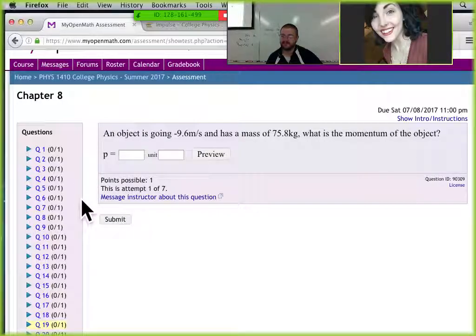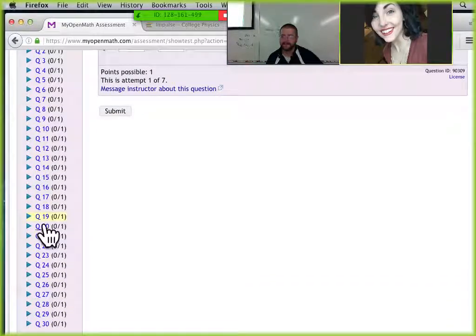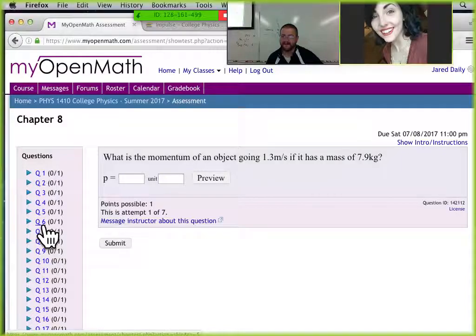So, Mr. Daly, real quick question. Yes? On number 20, I got the actual number correct, but it said I had the unit wrong, even though I used the same unit I did in the previous problem. What's the unit you used? Kilograms times meters per second, kg·m/s.